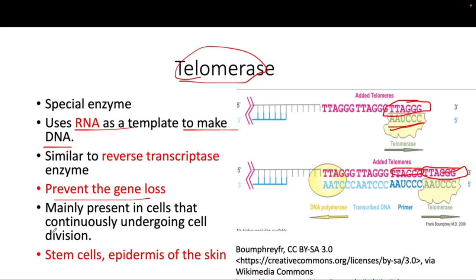That's why these types of cells that are continuously undergoing replication have a higher amount of telomerase activity and telomerase enzyme. If this enzyme is lacking, then the individual will start losing genetic material. Aging is also correlated with the loss of these telomeres.